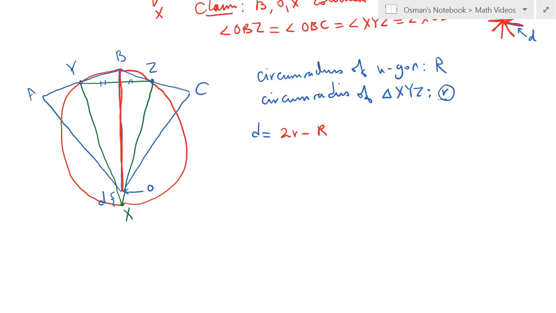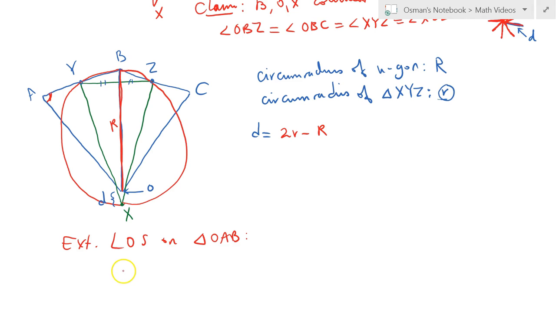I suggest that we apply the extended law of sines on triangle OAB. Notice that OB is equal to R, that red line. As a result, we will make use of this angle here.